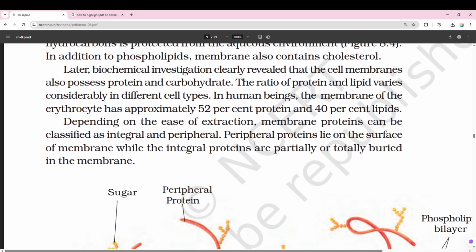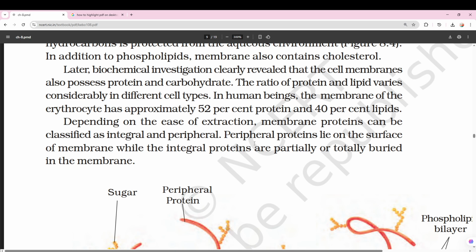Later, biochemical investigation clearly revealed that the cell membranes also possess proteins and carbohydrate. The ratio of protein and lipid varies considerably in different cell types. In human beings, the membrane of erythrocyte (RBC) has approximately 52% of protein and 40% of lipids.